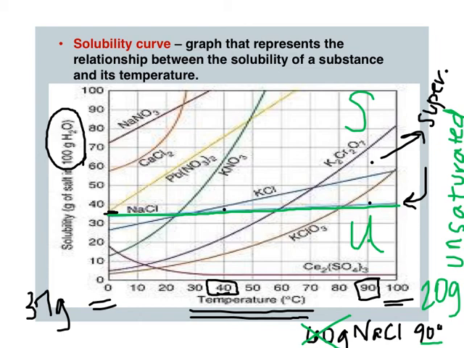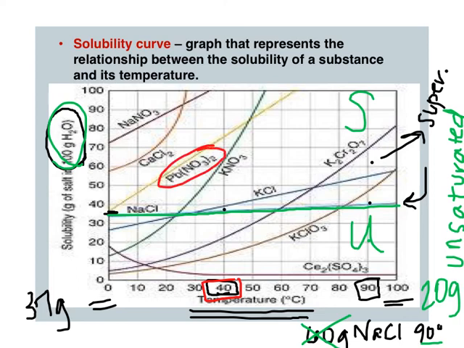Now, you also need to know that this is per 100 grams of water. So what if I told you we had 200 grams of water? I'm going to change colors again, going with red now. If we had 200 grams of water, you would take the numbers from these graphs and double them. Say I asked again about 40 degrees Celsius, but now I want to look at the lead nitrate.